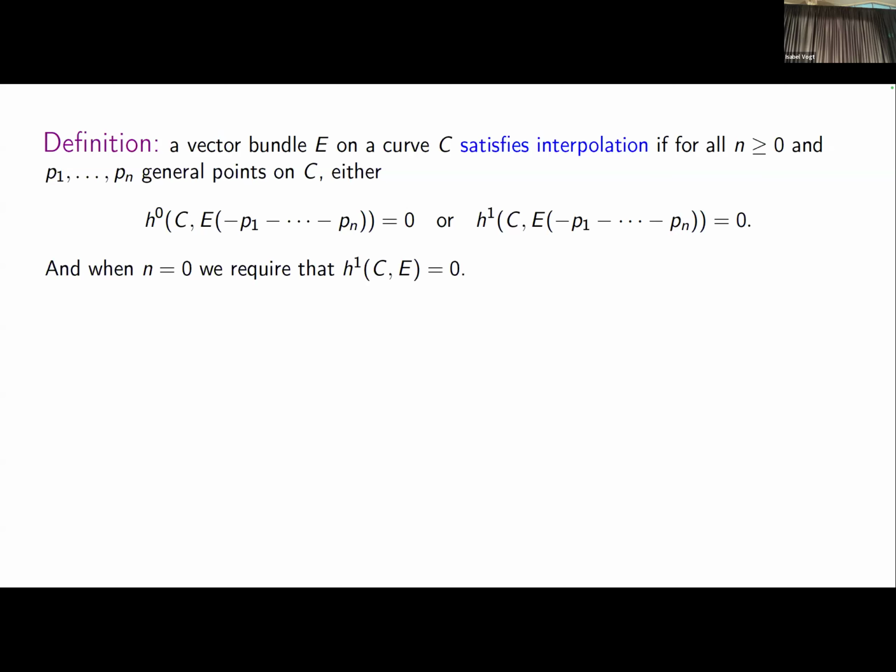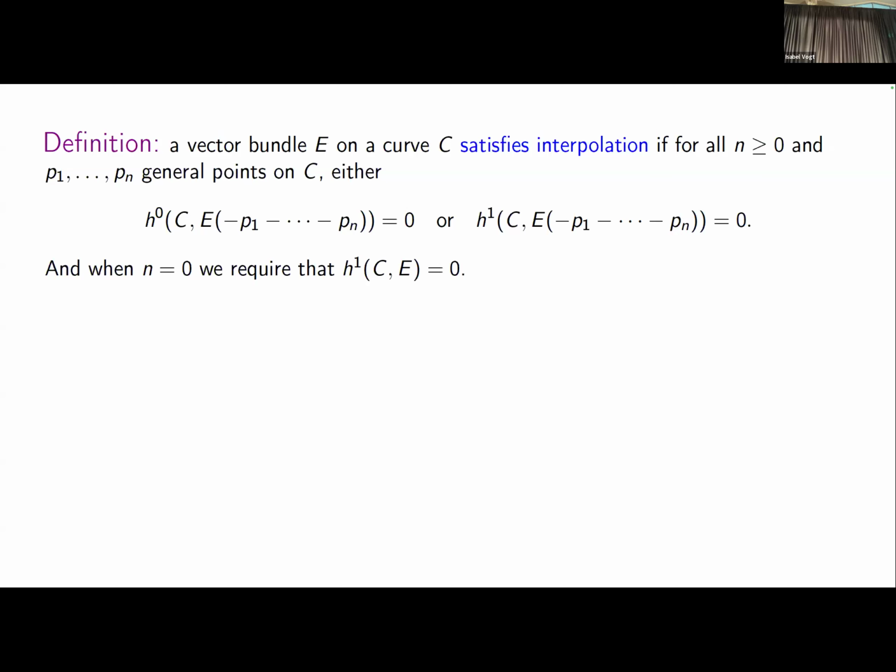So I have expected cohomology when I twist down by points, that is, either H0 is 0 or H1 is 0. And when n is 0, there's only one effective divisor of degree n, namely the empty divisor, so I furthermore require that H1 is 0.